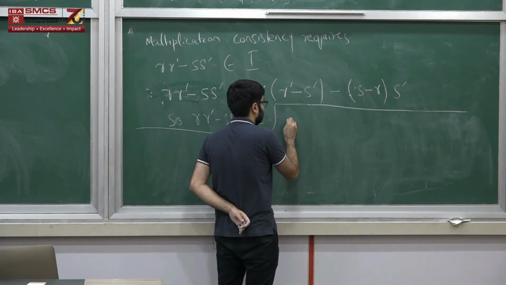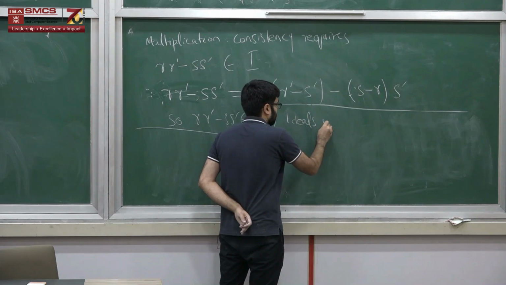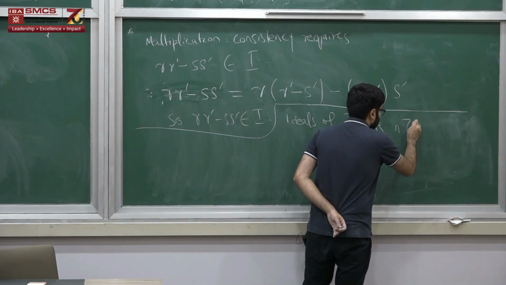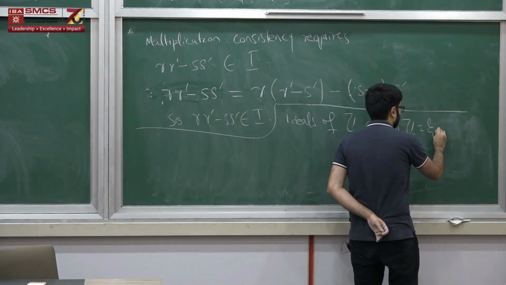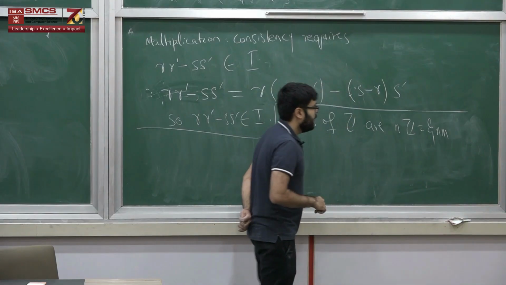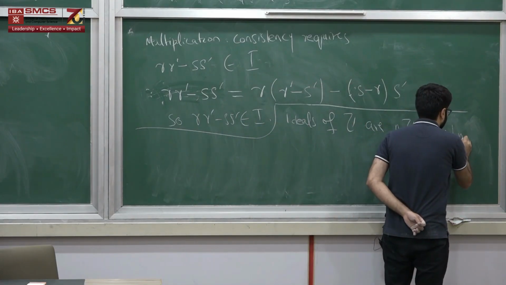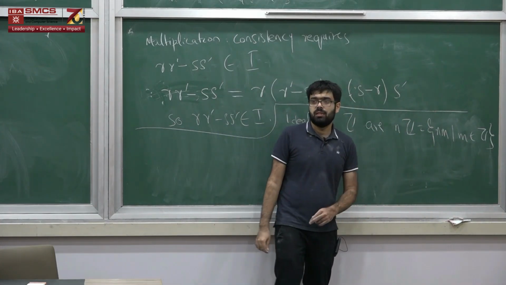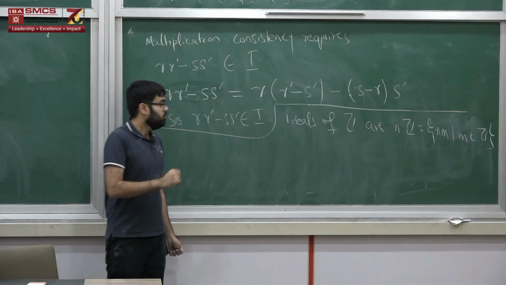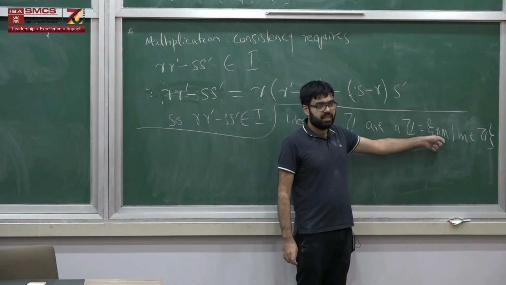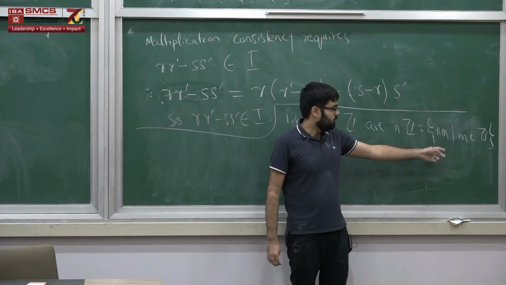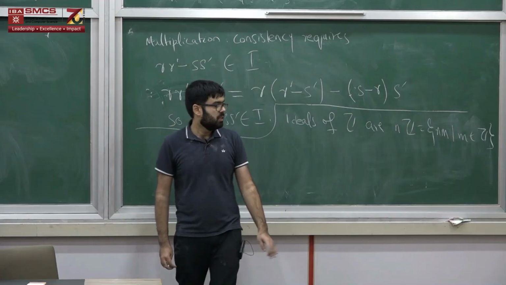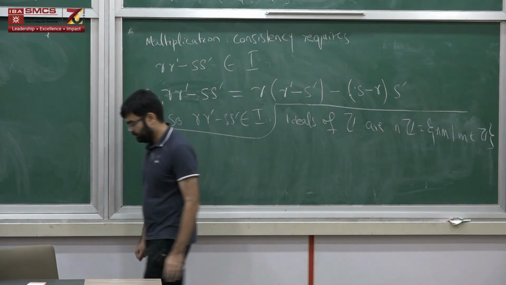The ideals of Z are nZ, which we define to be the set of all numbers n times m, where m is any integer. These are obviously closed under addition, and if I multiply any number which has a factor of n with anything, it will still have a factor of n, in the integers.